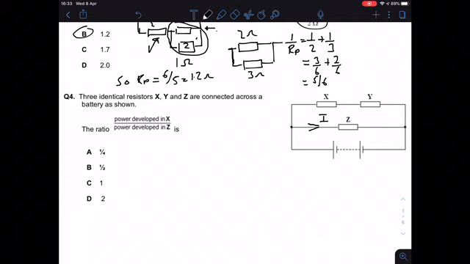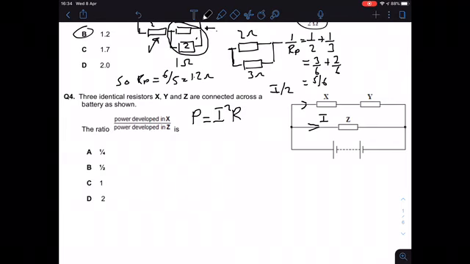So hopefully you can see the current going through resistor X is in fact I over 2. Okay. So once you've got that, and one other thing, the fact that power in a resistor, one of the expressions that we use is power equals I squared R, then we can start to look at this ratio.